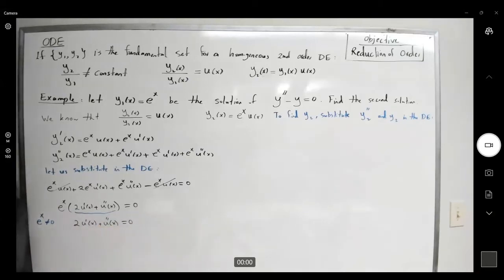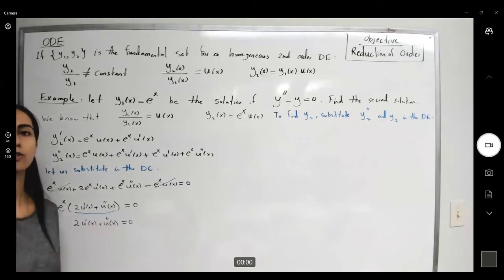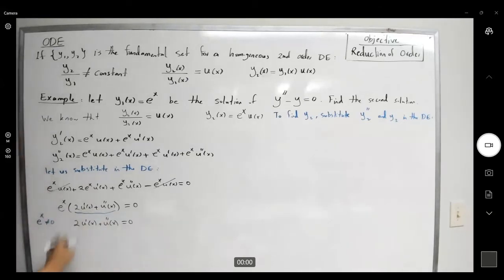But how do I solve this differential equation? To solve this differential equation, let us do a little trick. Let us use a substitution and reduce the order to a first order differential equation.